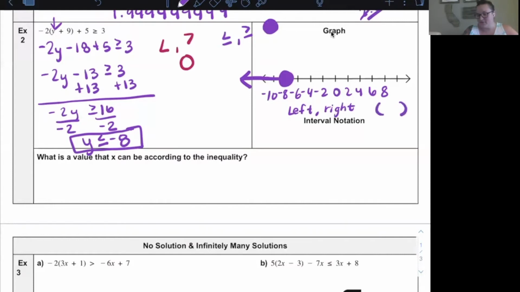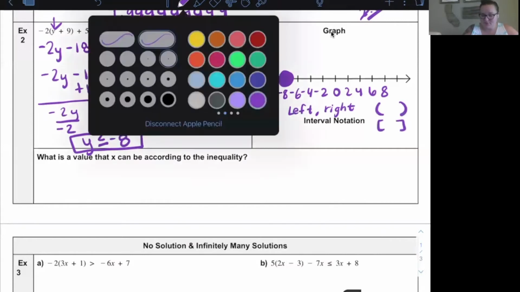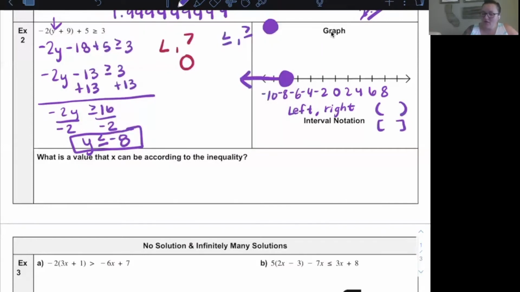We use brackets when the number is included. So for interval notation, to the left, our solution set is headed towards the -infinity side. Then to the right, it stops at -8. It's a closed circle, so -8 is included. We want a bracket there.